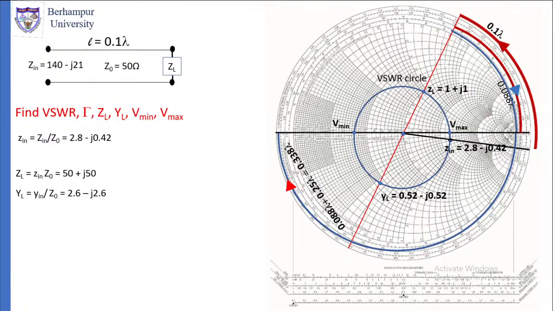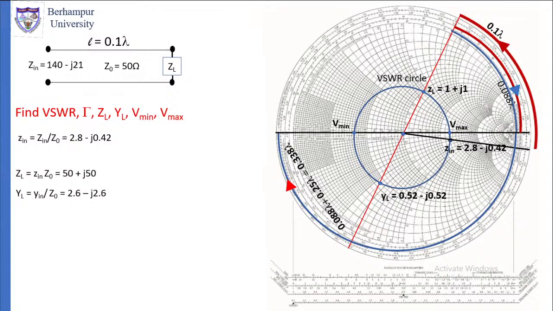The left side on which the VSWR circle crosses the horizontal line gives you the Vmin point. The right side where it crosses the horizontal line gives us the Vmax point. So how to find out the Vmin and Vmax? It is simple.